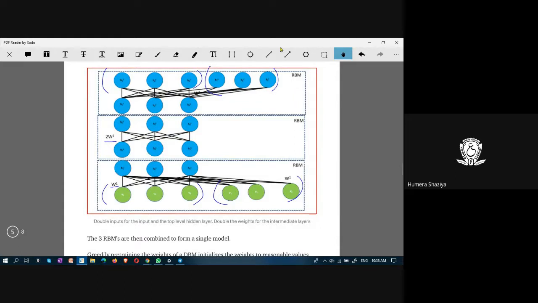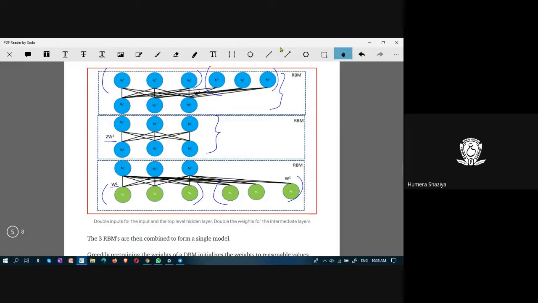Recall that an RBM has only two layers. This is the visible layer and this one the hidden layer. This is one RBM. The second RBM is this part. The third RBM is this part. These are the three RBMs.